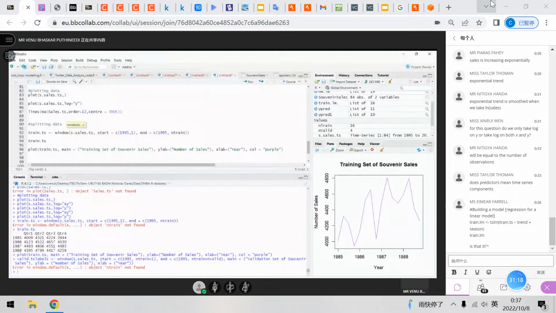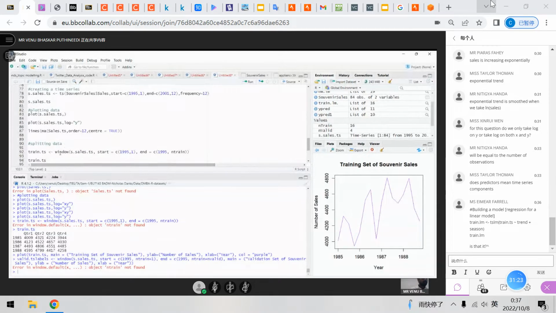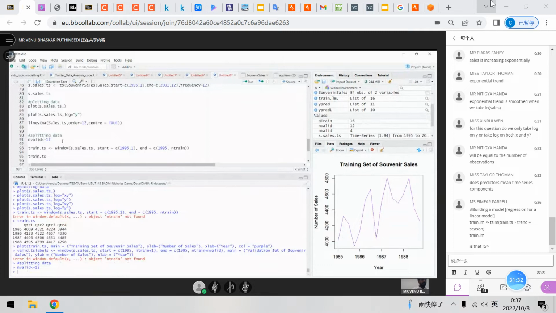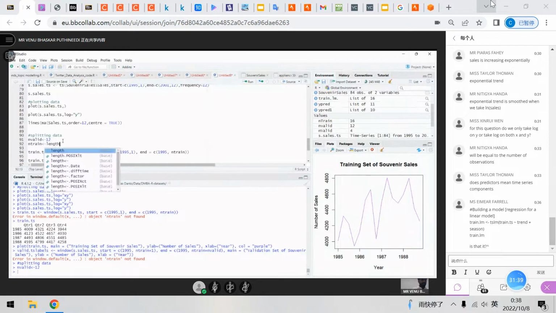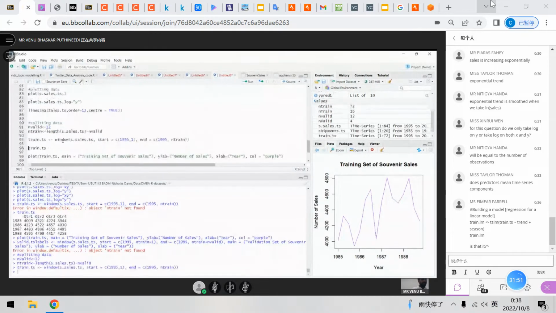I have nvalid here, 12. And once you have nvalid, and ntrain is length of the sales ts minus nvalid. We have that, we have this, we have this.